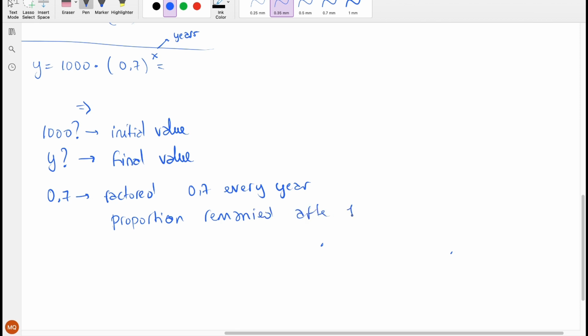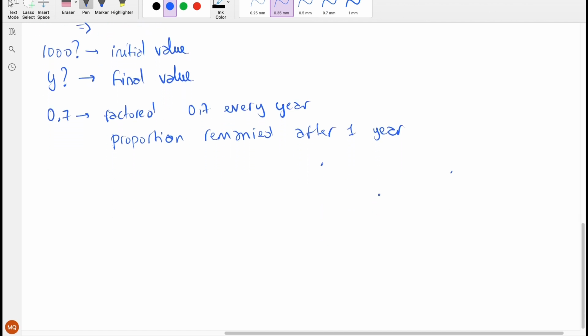It's also the same. Or let's convert it to percent. It is 0.7 minus 1 multiplied by 100. So it is a 30% decrease. It means that it decreases 30% per year, or each year, it's also the same.